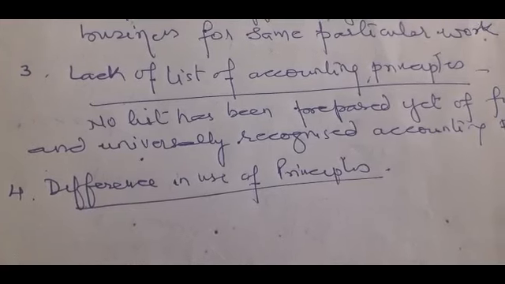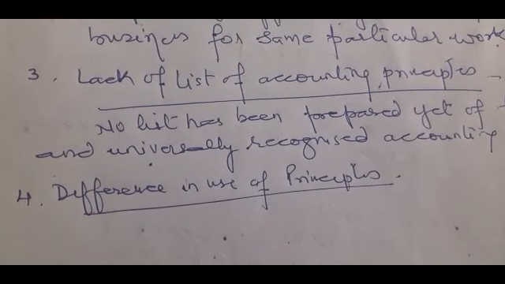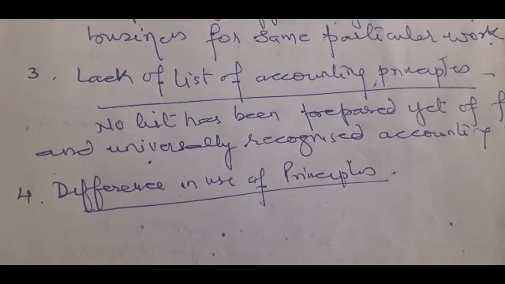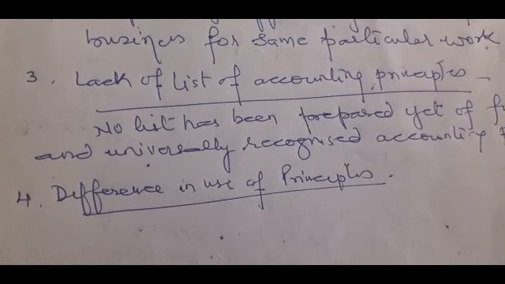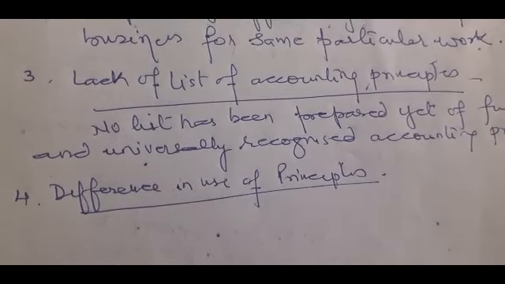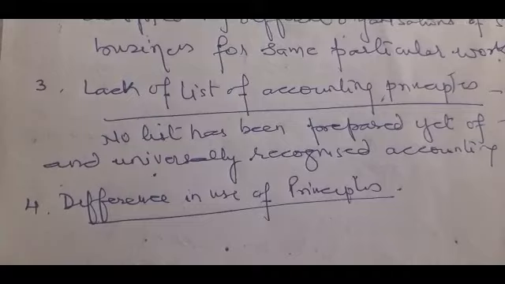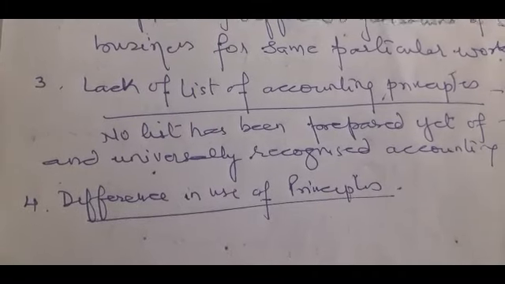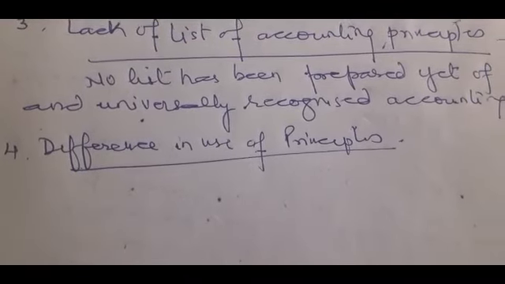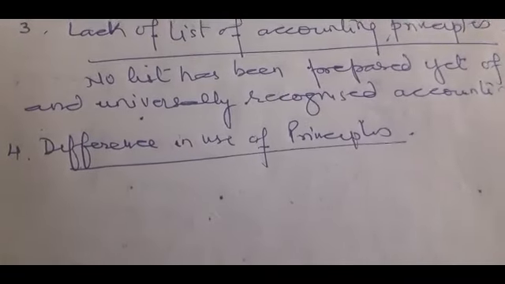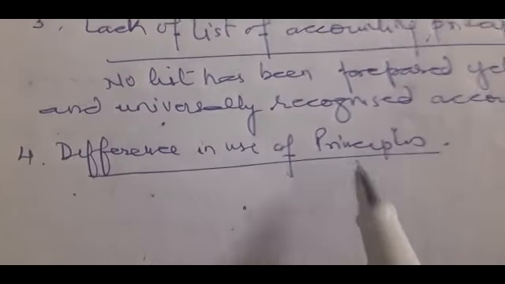So how much is the asset to be depreciated, or its cost is to be reduced? There are so many methods of calculating depreciation, and every method calculates a different amount of depreciation. Every organization is calculating depreciation, but there is a difference in the amount because of the different methods adopted for charging depreciation. So there is a difference in the use of principles.